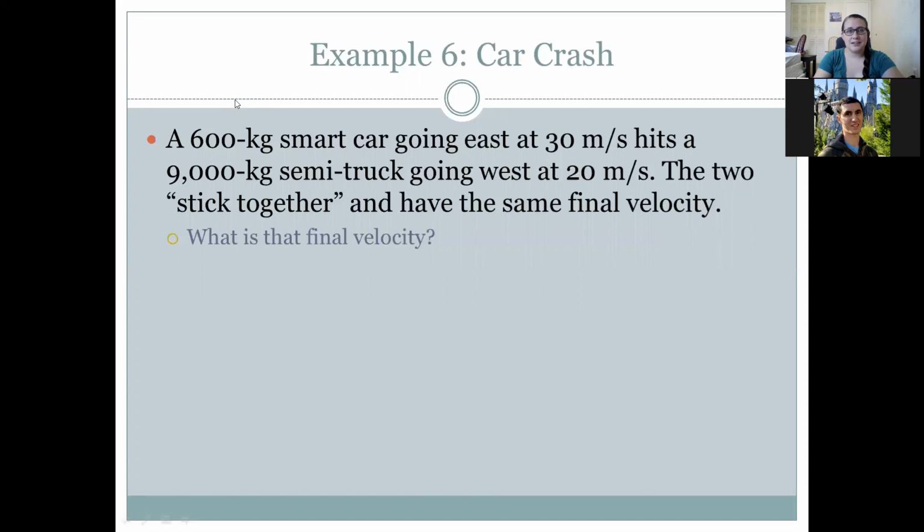All right, example 6, car crash. A 600 kilogram smart car is going east at 30 meters per second, and it hits a 9,000 kilogram semi truck going west at 20 meters per second. The two stick together and have the same final velocity. So what type of collision is this?